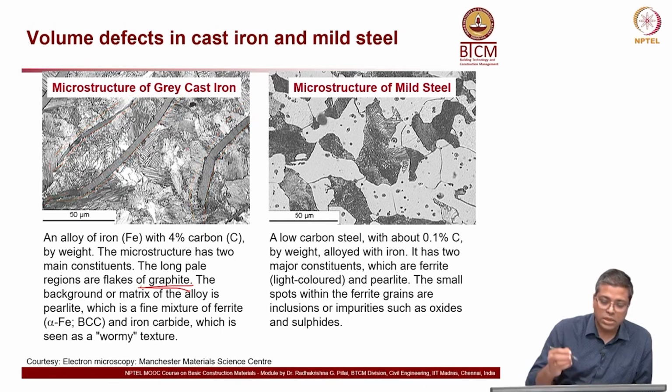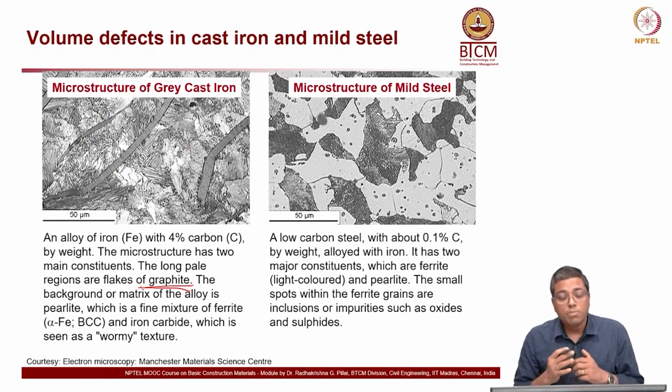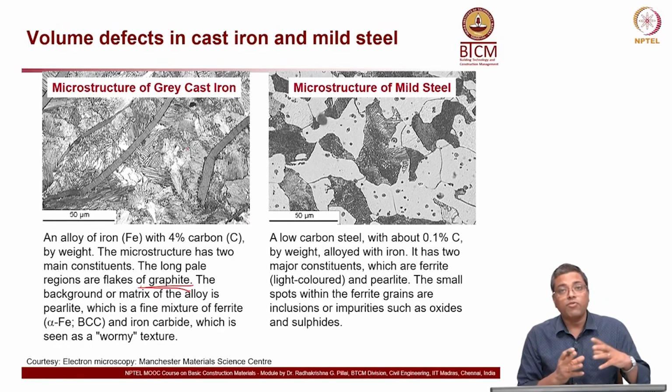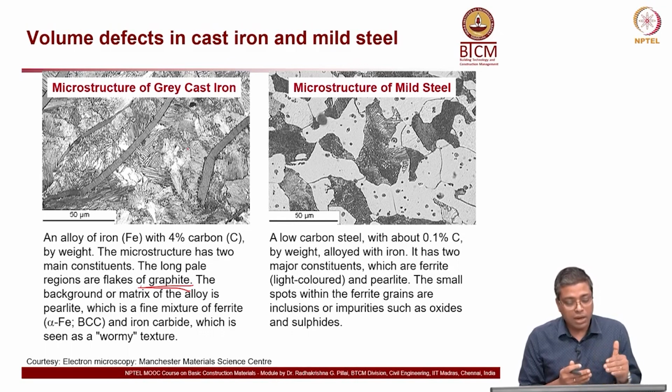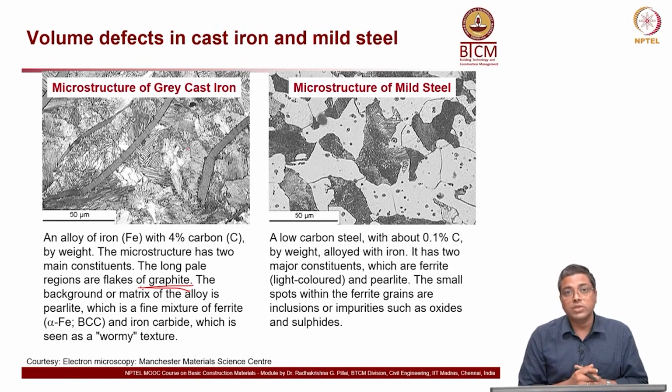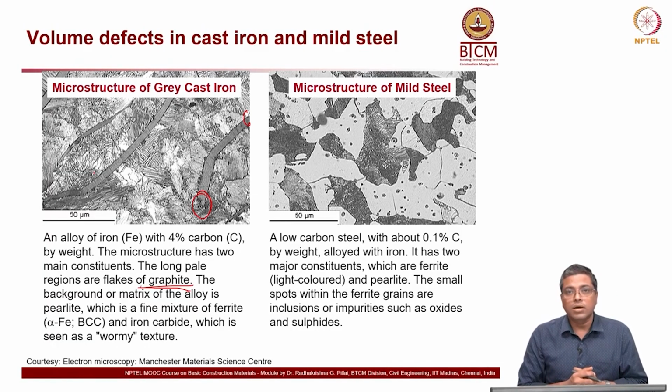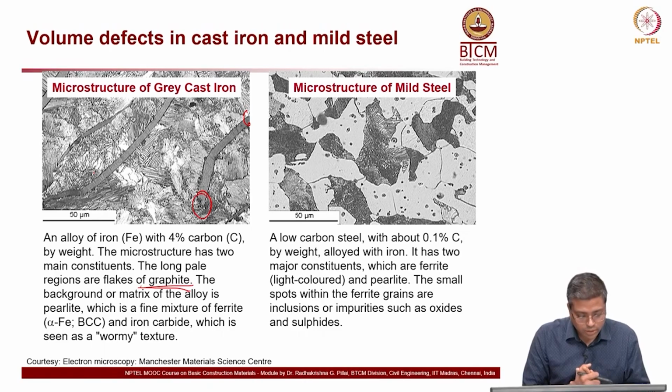When some force is applied, these cracks will follow the path of these flakes, or stress concentration will happen at one end of this, maybe here, or along these graphite flakes you will have some stress concentration, and the crack will propagate through that.